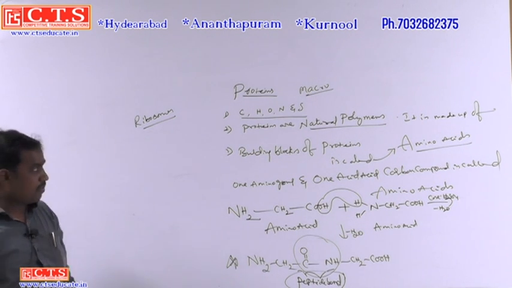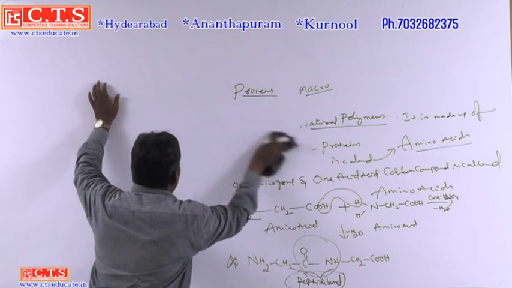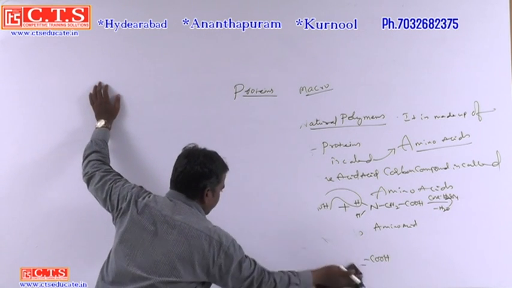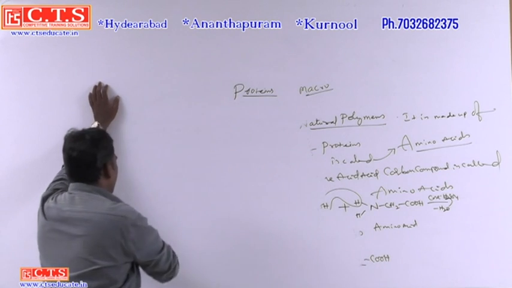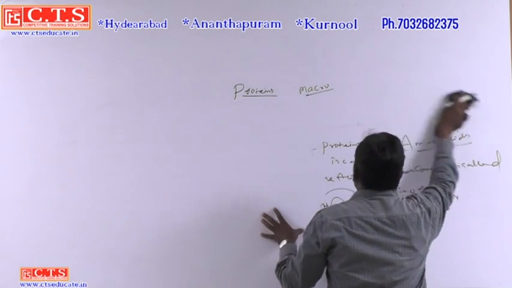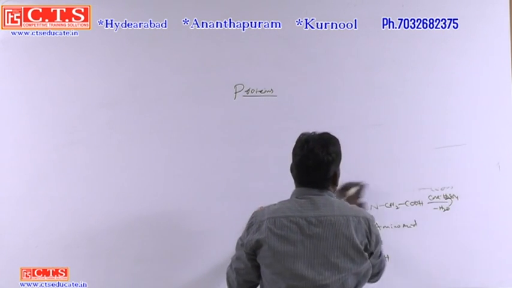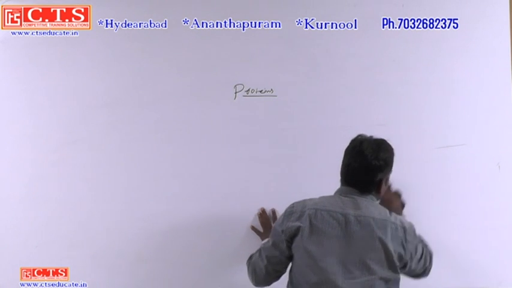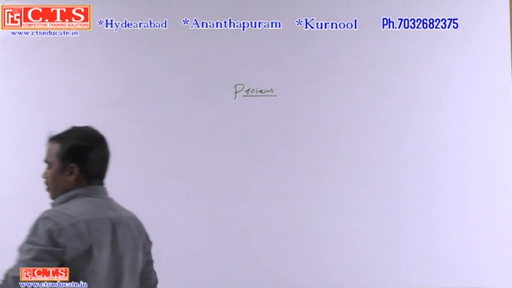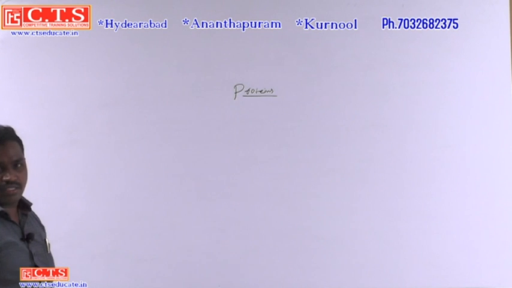Number two: building blocks of proteins are called amino acids. Number three: protein factory is called ribosomes.